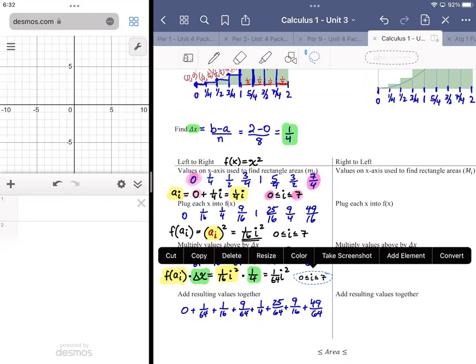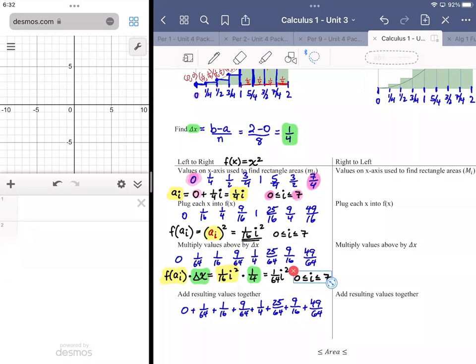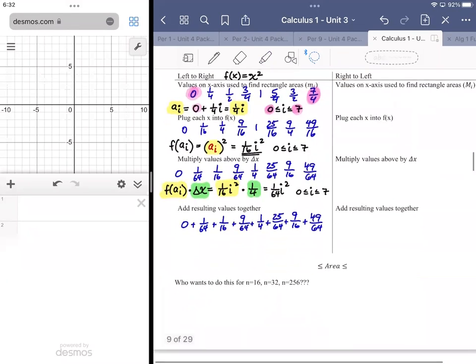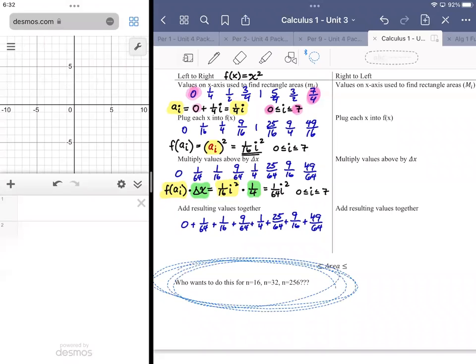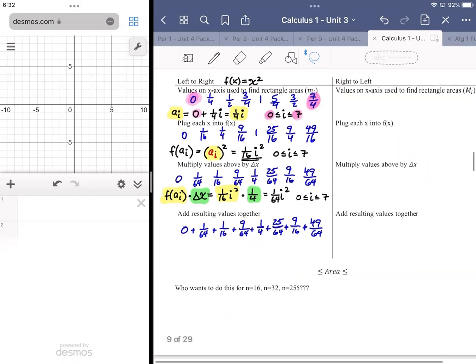This is a technique that's going to allow us to expand beyond just 8 rectangles. Who wants to do this for 16, 32, and 256 rectangles? That's not the idea. We don't want to do that, right? So we want to come up with a shortcut, and this is building us to that.